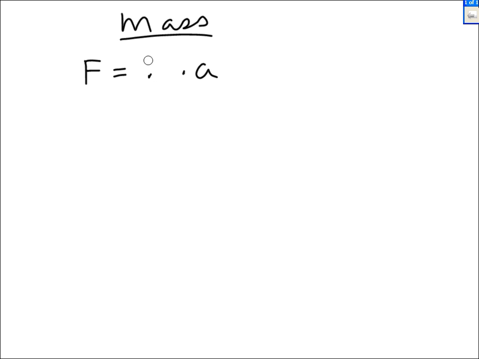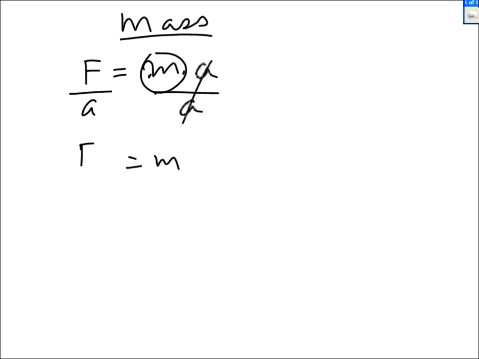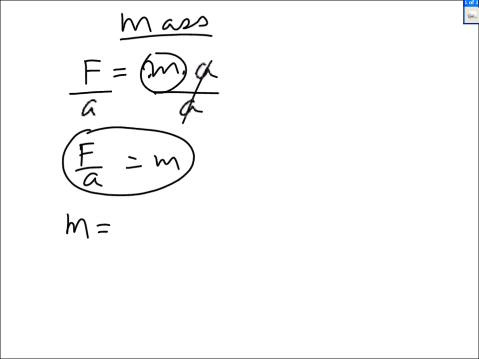We divide both sides by A to get M alone. We learned that the mass is nothing more than F over A. The mass of an object is the force divided by the acceleration.